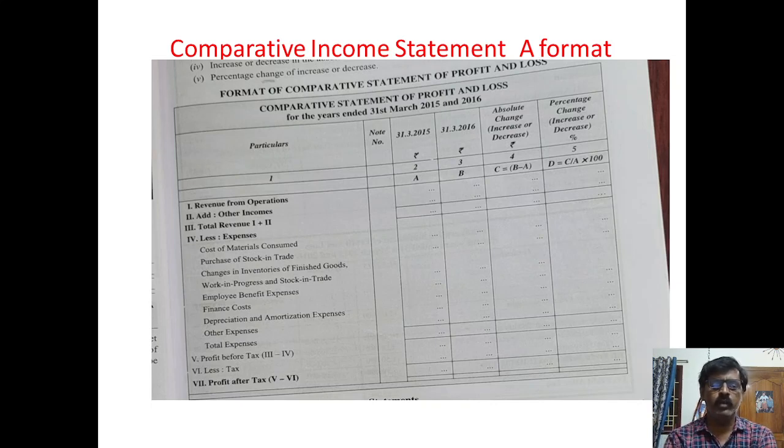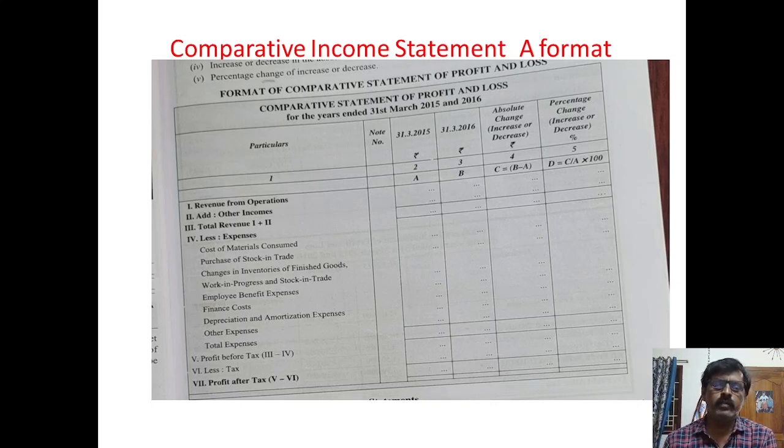Then we have to deduct all the expenses: cost of materials consumed, purchase of stock in trade, changes in inventory of finished goods, that is the difference between opening stock and closing stock, work in progress and stock in trade, employee benefit expenses, finance cost, depreciation and amortization, other expenses.